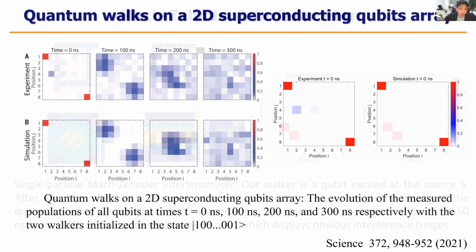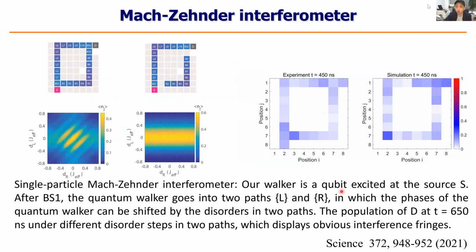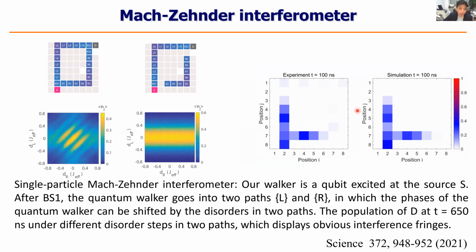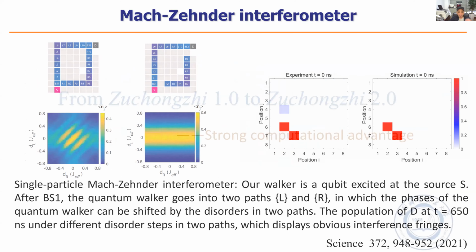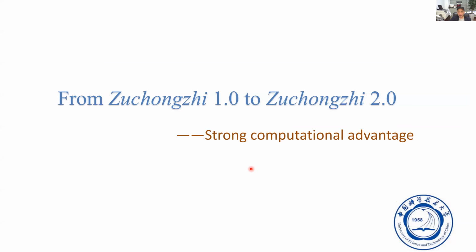Okay, and we also show that in this kind of system we can have very good control of each qubit. We can programmably control the excitation of each qubit, and we show a Mach-Zehnder interferometer in such processors. But in Zuchongzhi 1, we still have a not small microwave crosstalk, and that means we cannot really have simultaneous gate operations in such systems.